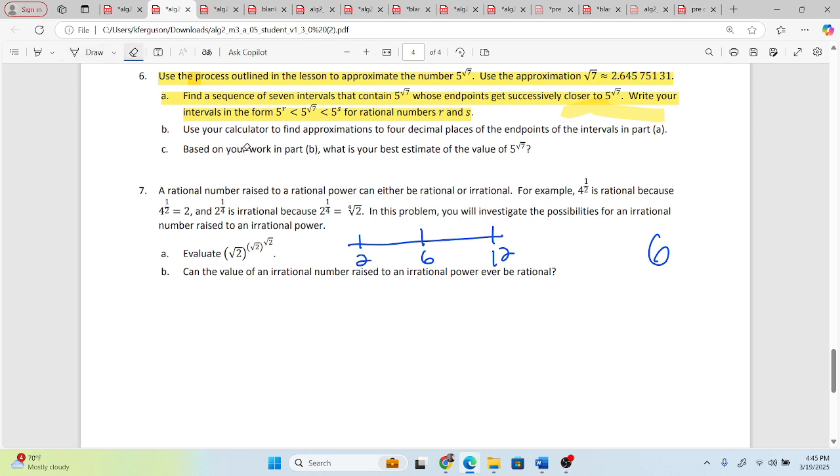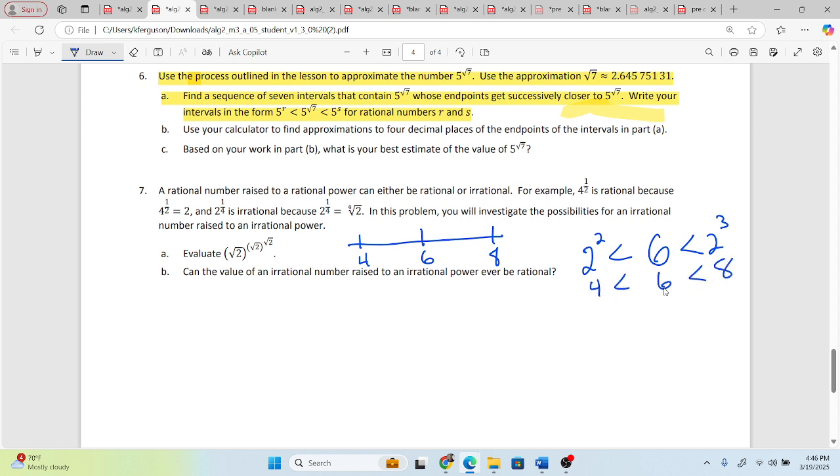In this case, we're going to say 4 and 8. What does that mean? Well, 2 to the second power and 2 to the third power. That's 4. That's 8.